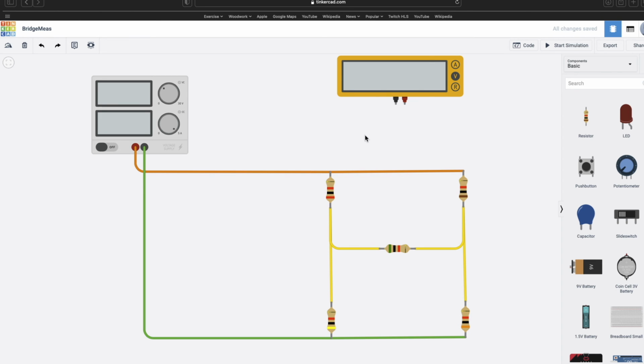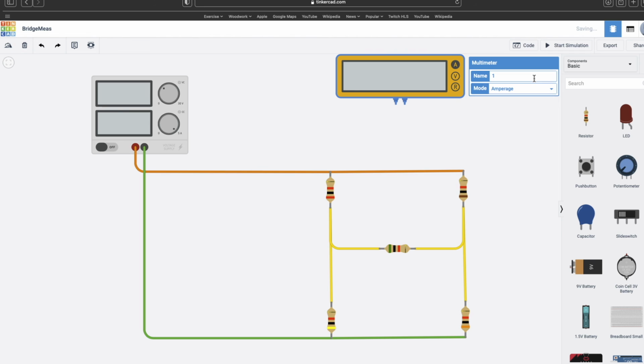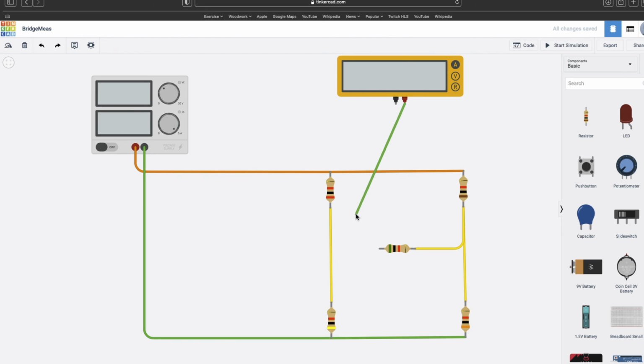So here's our circuit from before. We have our voltmeter and our bridge. Now I've got to turn this to an ammeter. And I will disconnect. So we want our plus to go to this side. It'll be easier for me to go up here.